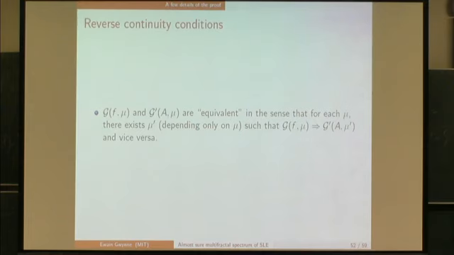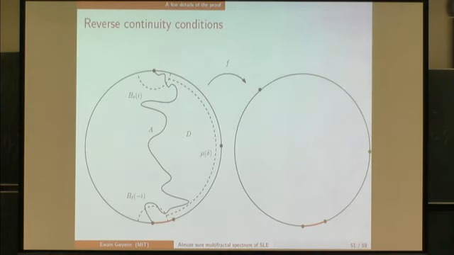So the intuitive reason why this is true is, suppose we're in this picture and we look at a Brownian motion started from say this point.